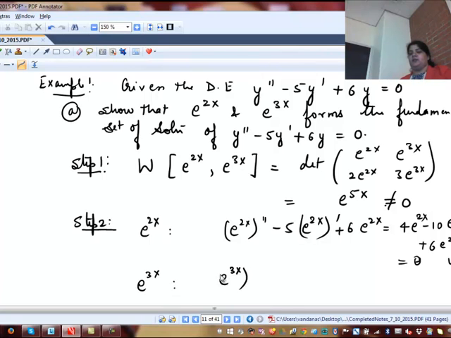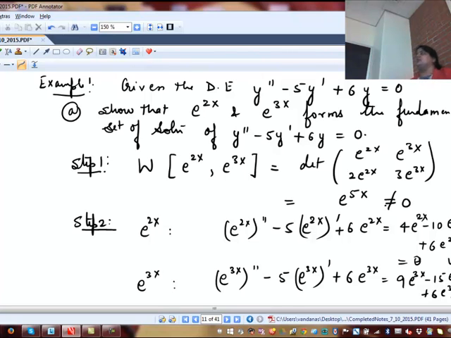The double derivative of e to the 3x minus 5 times the single derivative plus 6e to the 3x, so it is 9e to the 3x minus 15e to the 3x plus 6e to the 3x, so it is also 0. So yes, they are both solutions of this differential equation. The Wronskian of them is non-zero, so that means they form a fundamental set, and we have shown that. Now what is the natural question to ask at this moment?